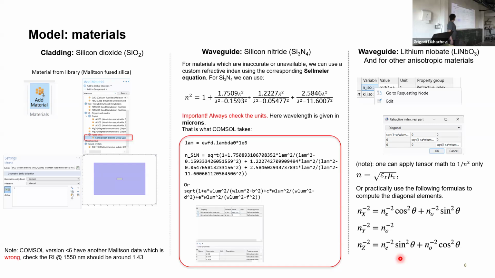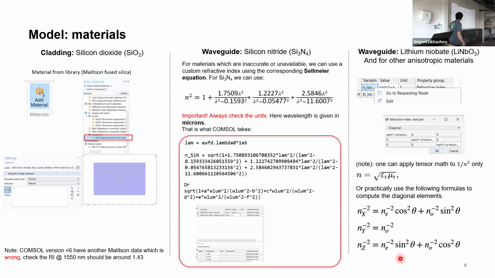The more accurate description for silica that we used for microfabrication is probably this Malitson data for SiO2, silicon dioxide, silica, quartz, whatever. Malitson, 1965.